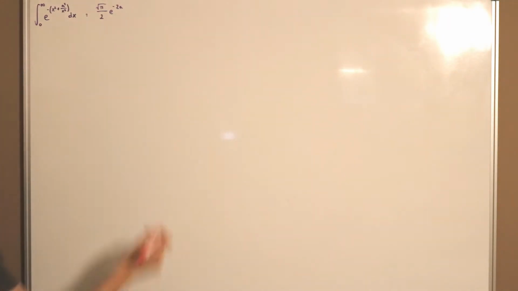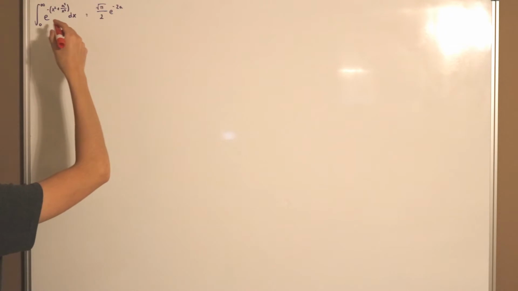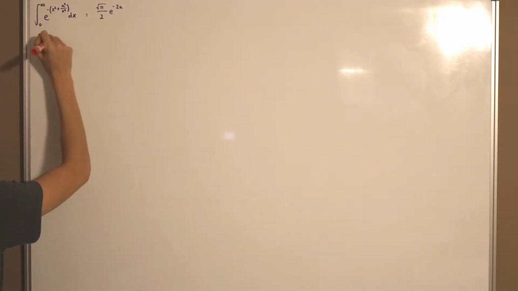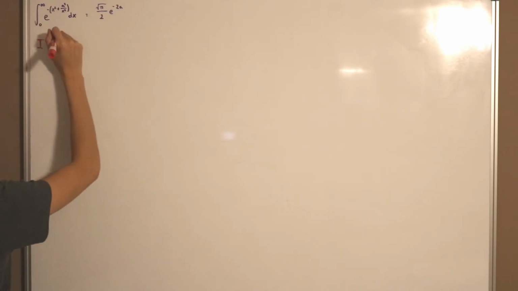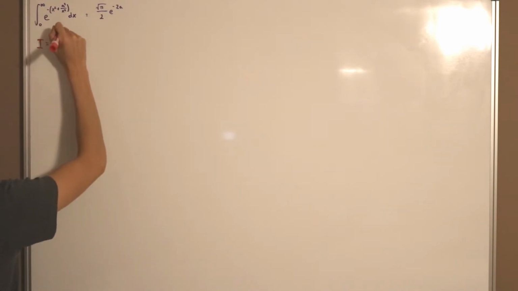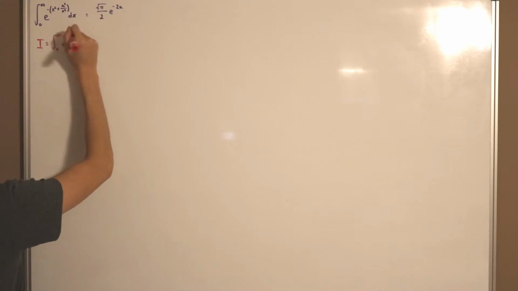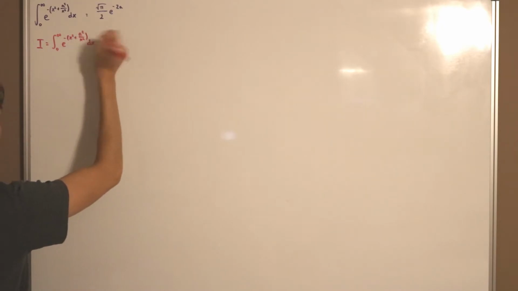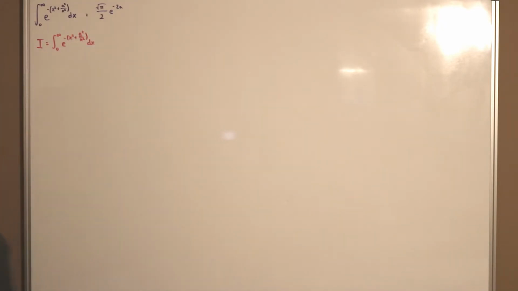So what I want to do first is define I equals this formula again, the integral from 0 to infinity of e raised to the negative (x squared plus a squared divided by x squared) dx. And then I want to take the derivative of this integral with respect to a.